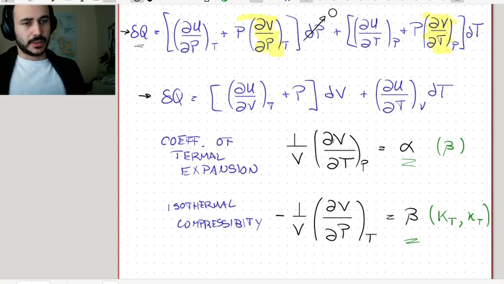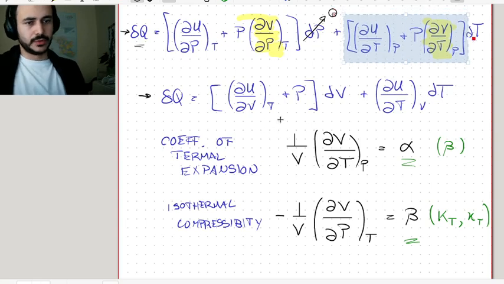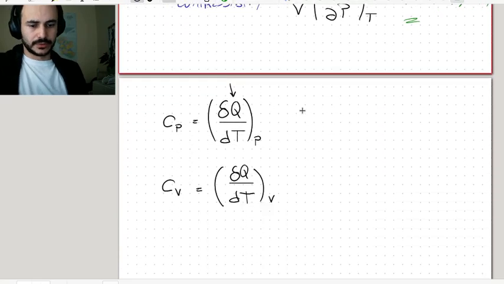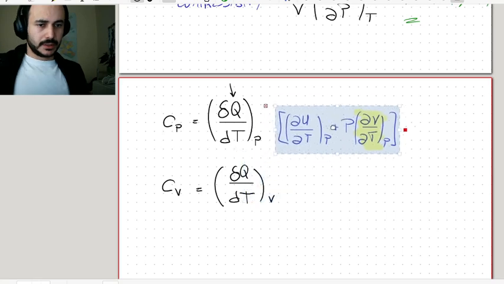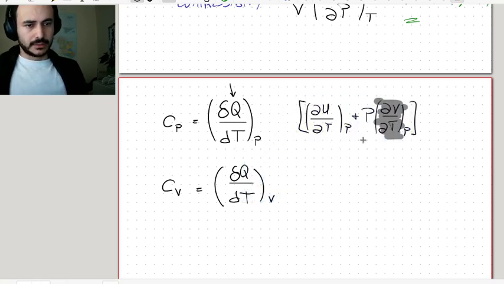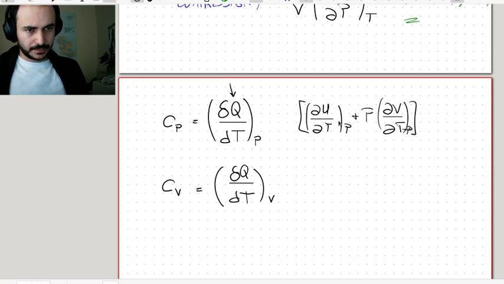So what I say is that I can write the heat capacity at constant pressure as these two terms here. So let me paste here. That's partial of V with respect to T at constant P. Okay, so this is the heat capacity at constant pressure.